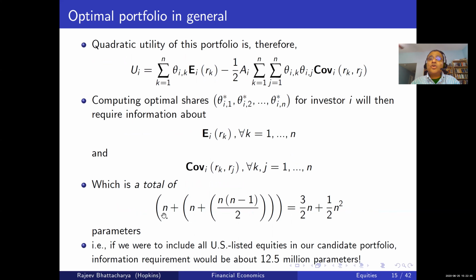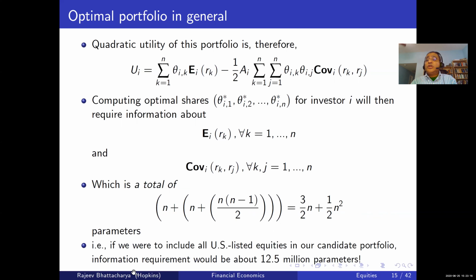So the total means are these n, total variances are these n, and the covariance terms are n times n minus 1 over 2. That is something you should verify on your own, and it could be on your exam, for instance. Tell me why this is the total expression. I've already walked you through a large part of the hint, but in order to complete it, you need to know the rest. What does it all mean?